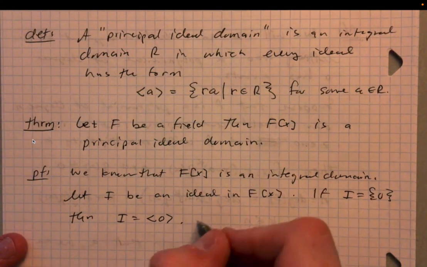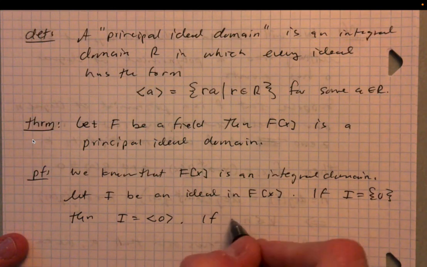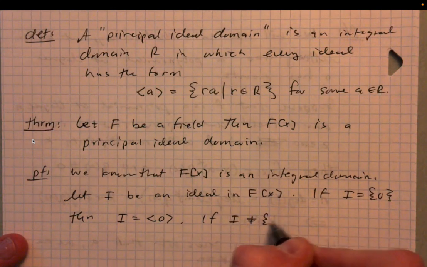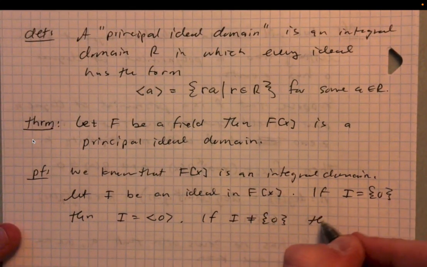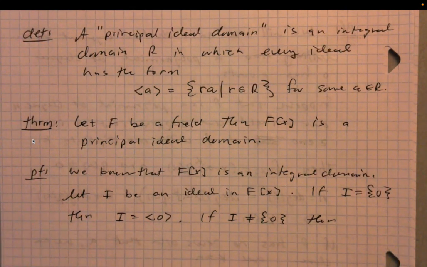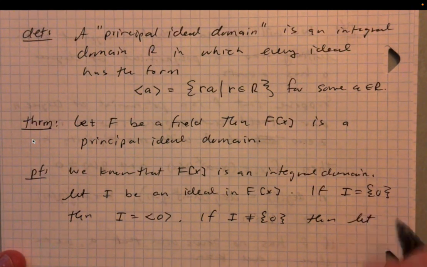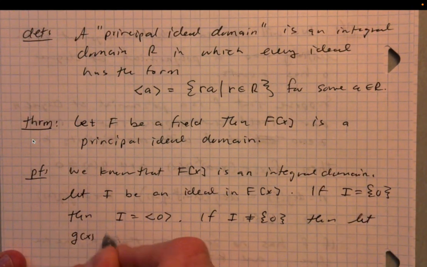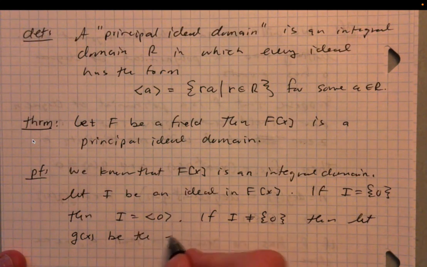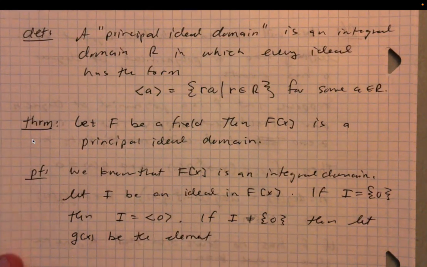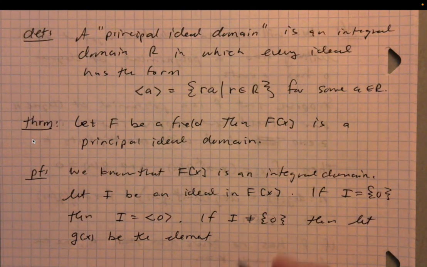If, on the other hand, I is not equal to just 0, then among all the elements of I, let g(x) be one of minimum degree. So let g(x) be the element in I that has the smallest degree.